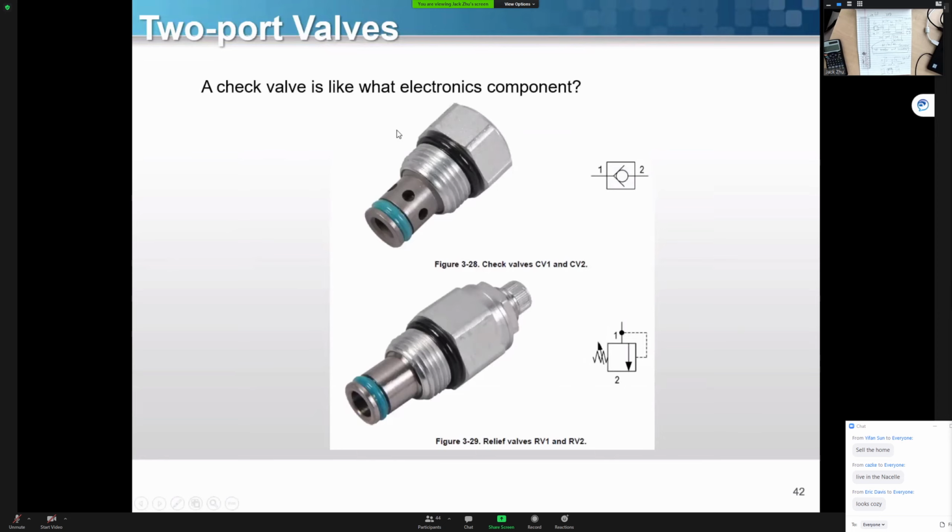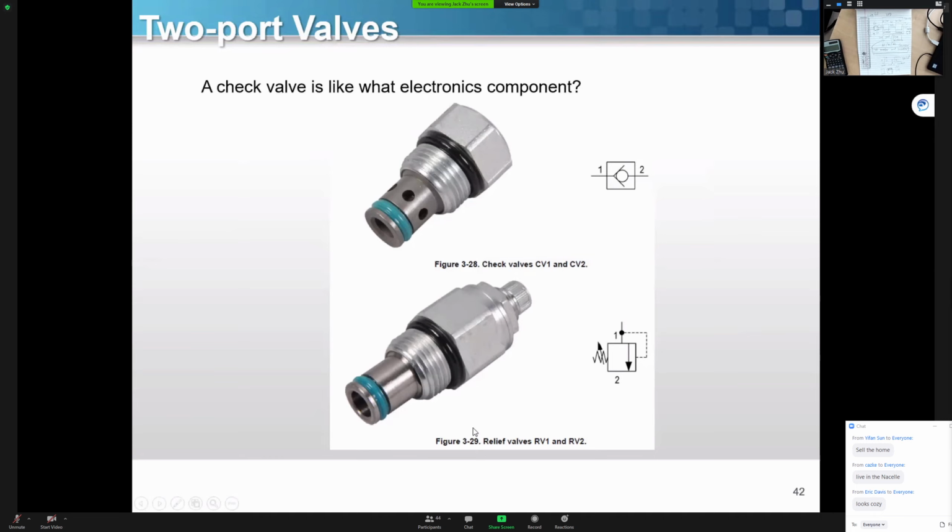You might have one of the questions on your working sheet. It can ask you what type of electronic device this check valve is. The check valve can only let the oil go in one direction. It's kind of like a diode. Another one is called a relief valve.